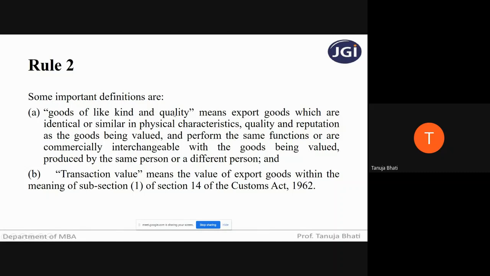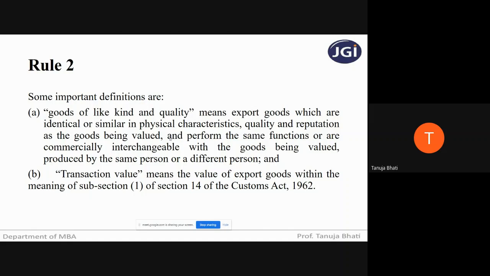It means export goods which are identical or similar in physical characteristics, quality and reputation to the goods being valued, and perform the same function or are commercially interchangeable with the goods being valued, produced by the same person or a different person. So when I say goods of like kind and quality, in short, it means similar goods, or substitute goods. This is the simple definition of goods of like kind and quality.